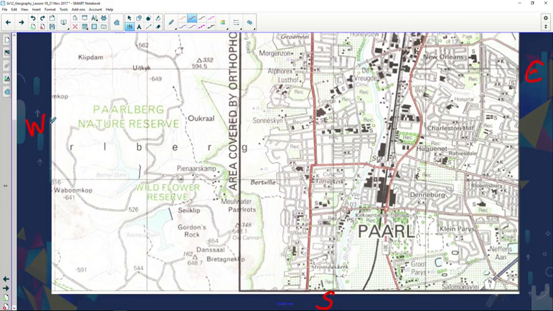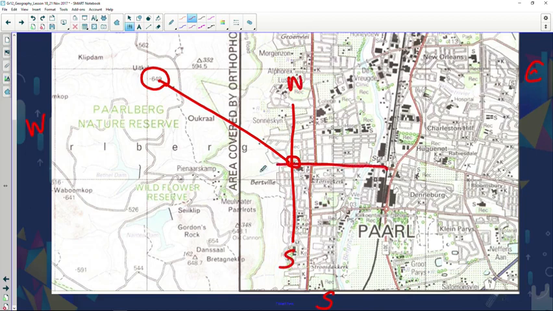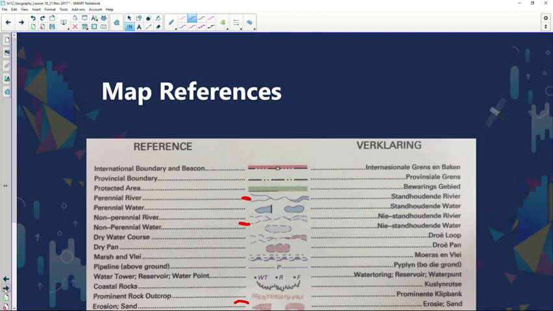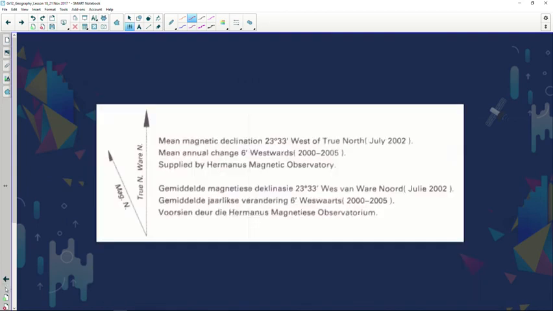Let's say for instance from the church over there to Spotlight 1649, draw a north-south line, and there's east and there's west, and that direction determined looks like northwest. But let's continue with some of the calculations that we need to deal with on a topographical map.